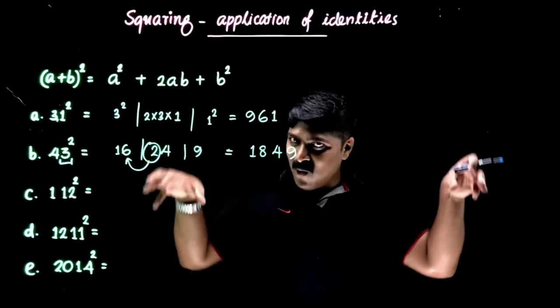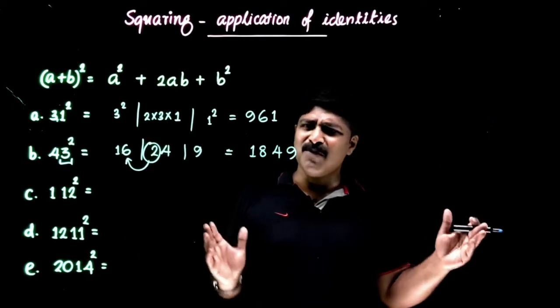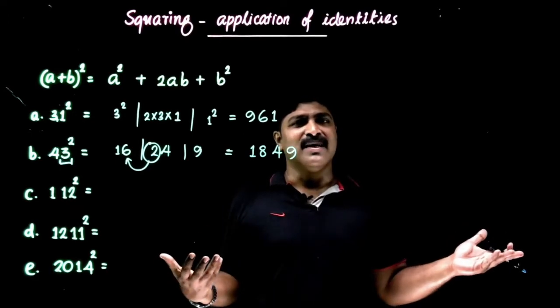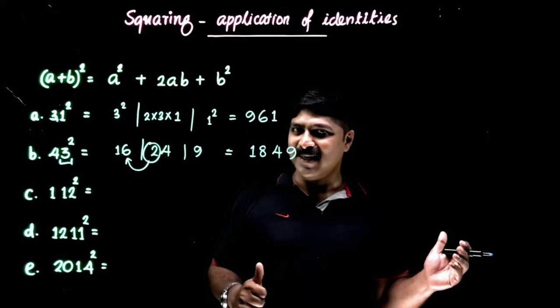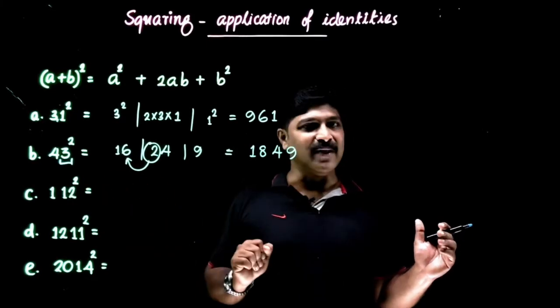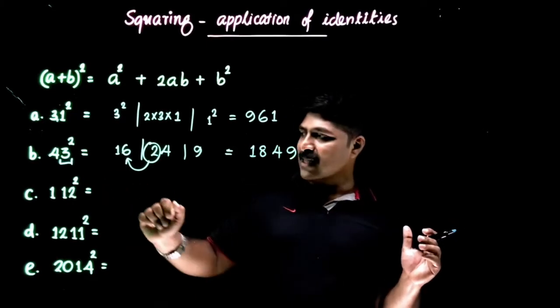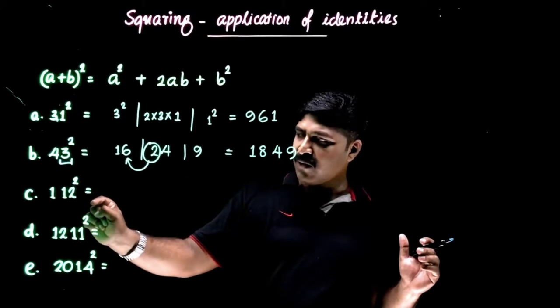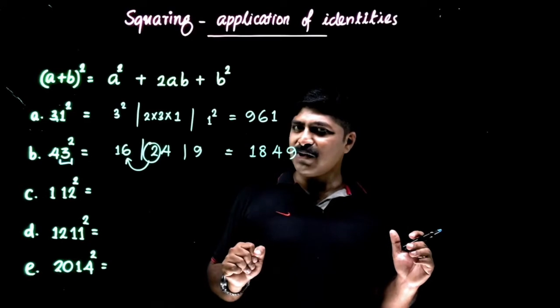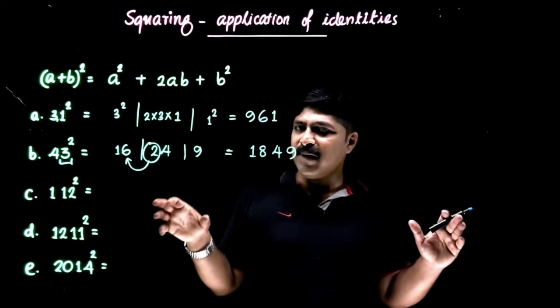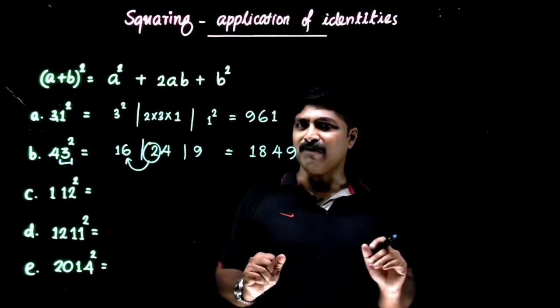If there is one more element, that is c, a plus b plus c, then we can check it. But here we are using only this identity. So how to split this value? You can split it as either 11 and 2 or 1 and 12. It's better to keep the maximum possible number of digits in the rightmost group.